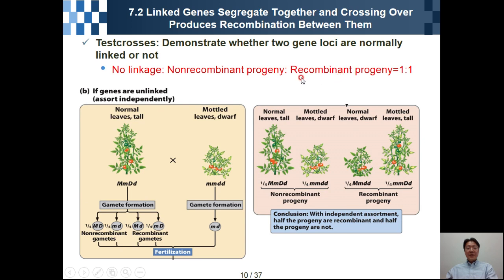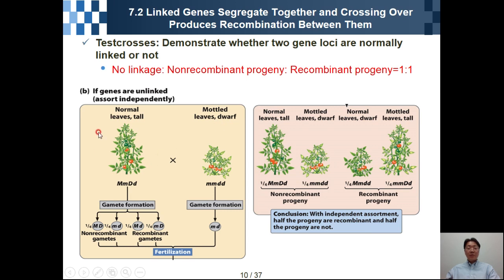Another case is no linkage. For example, if the genes M and D are located on different chromosomes, okay? So this is also a test cross. They cross the normal leaves and tall shape heterozygote with the mottled leaves and dwarf shape.